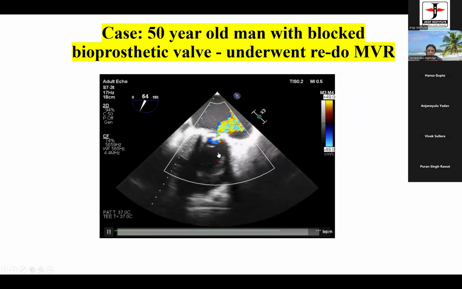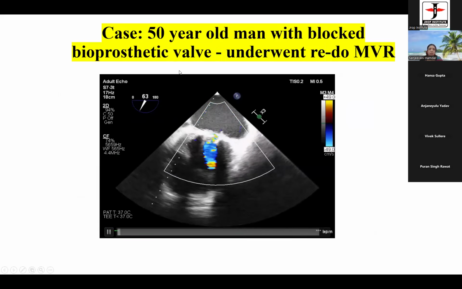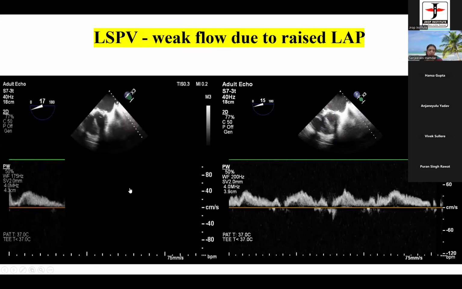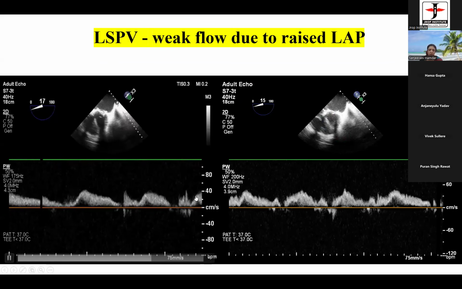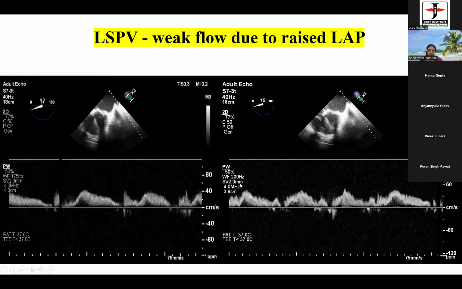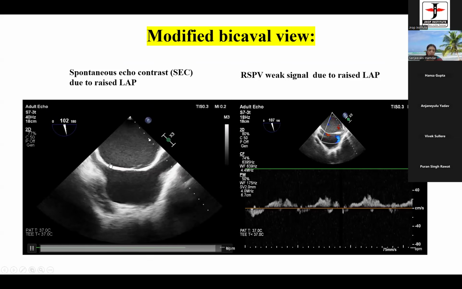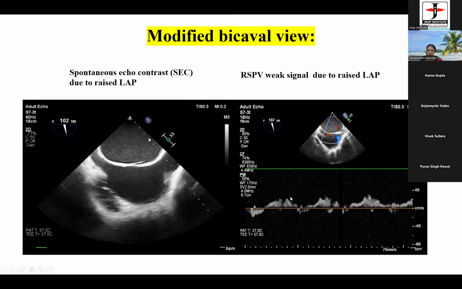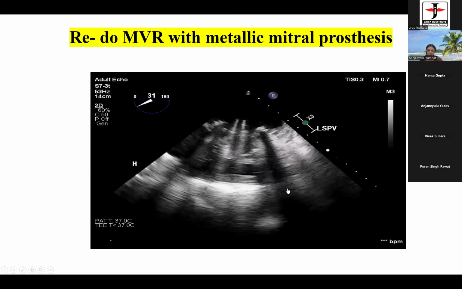Now I just want last 1 or 2 slides. This is a 50-year-old man with a blocked bioprosthetic valve who underwent redo MVR. And this was his pulmonary vein. Because of high LAP, it was very weak. This is the bicaval view with sagging LA, raised LAP and weak flow even on the right side.